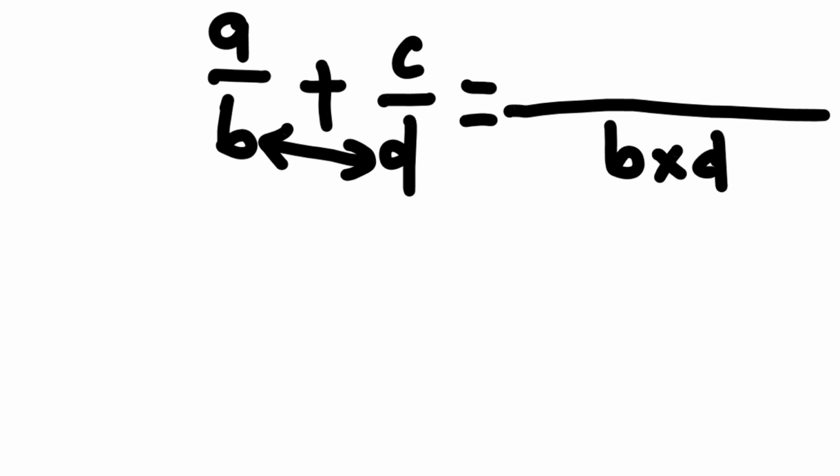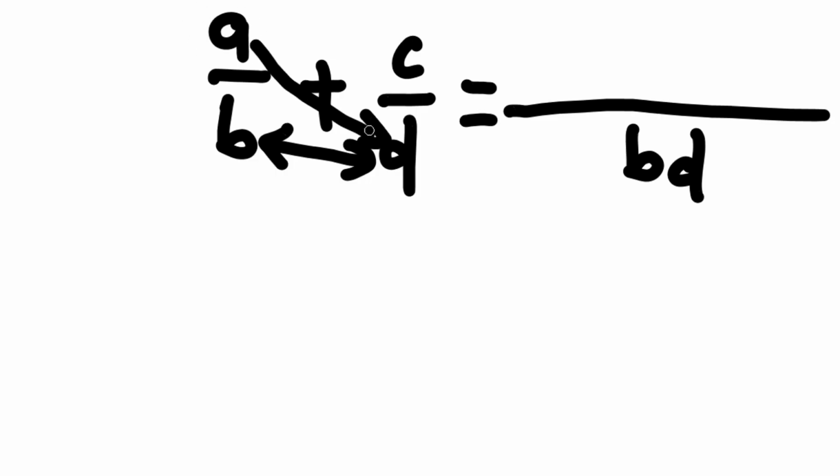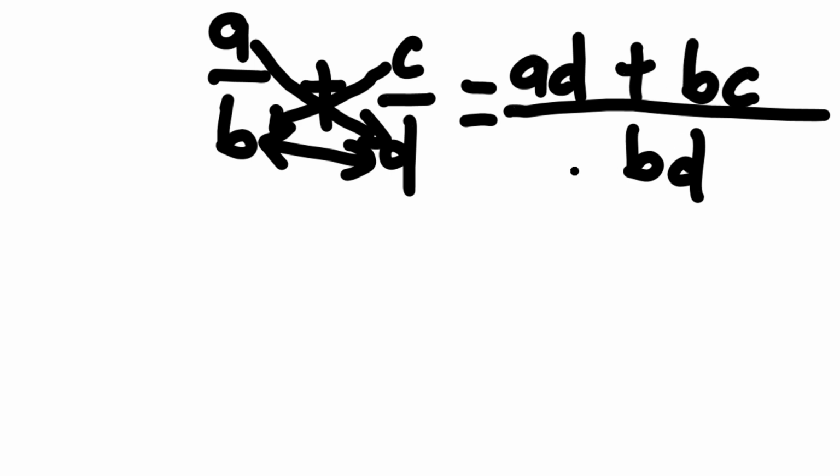That just means b and d are multiplying. Then you multiply the numerator of the first one with the denominator of the other, so it becomes ad. A will multiply d, and the sign is plus, so it becomes plus c times b, that is bc. So this is the result.